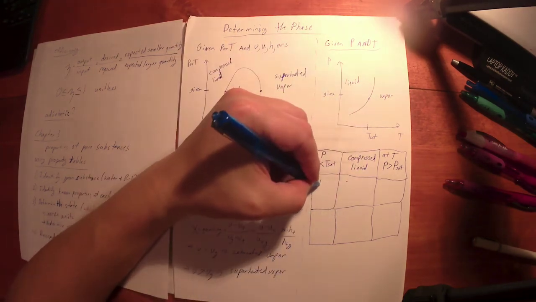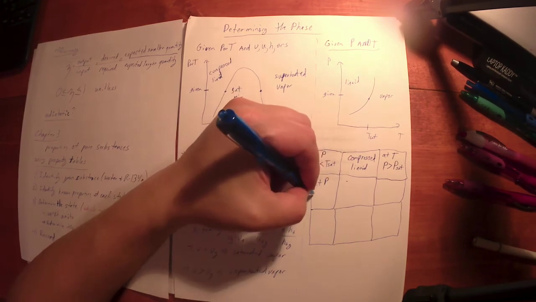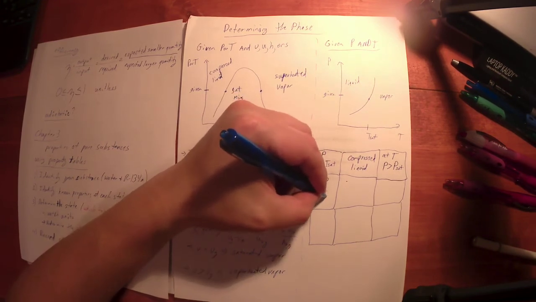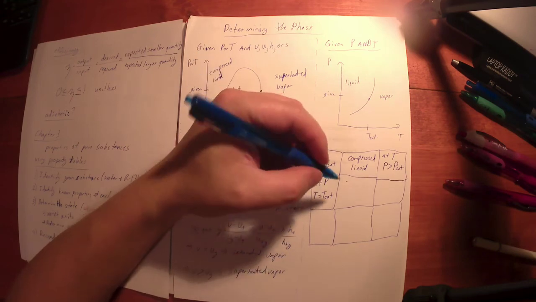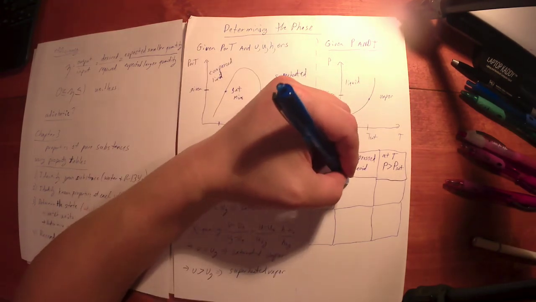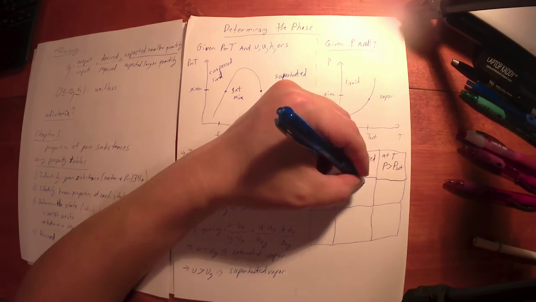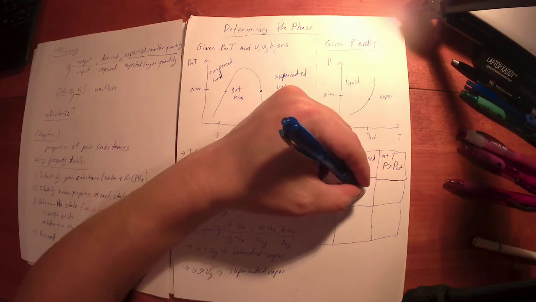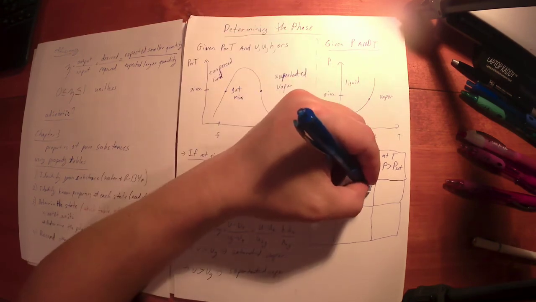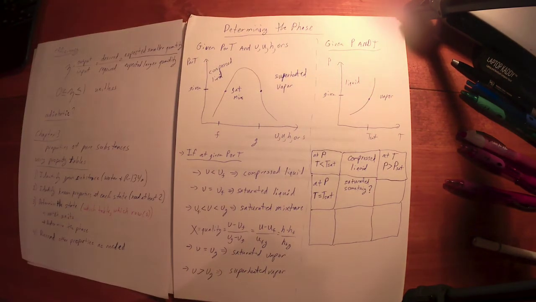Now, this one's kind of weird. At the given pressure, if my temperature is equal to the saturated temperature, it's not necessarily weird. It's perfectly possible. Here's the problem with that: it's saturated something. Right?